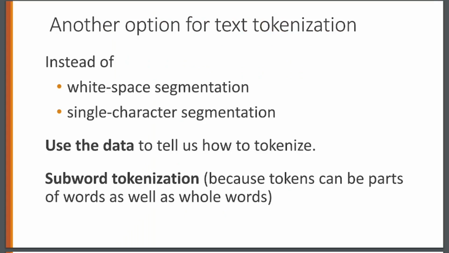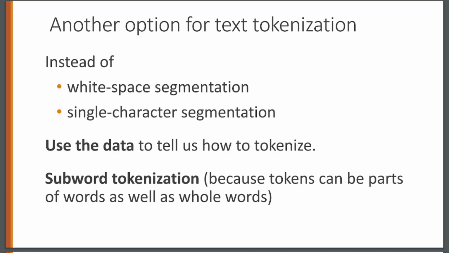All right, so let's talk about an algorithmic approach to tokenizing sentences. One approach, which we've already seen performs poorly, would be whitespace segmentation. Or we could think of individual characters as tokens in a sentence, which is convenient and easy to do, but it sacrifices all of the semantic significance of our tokens.